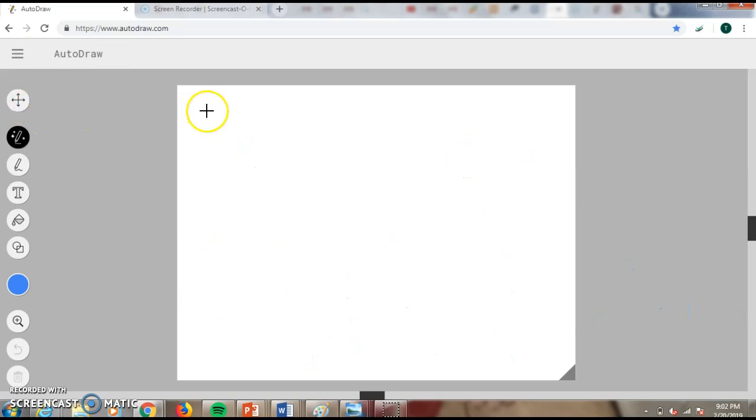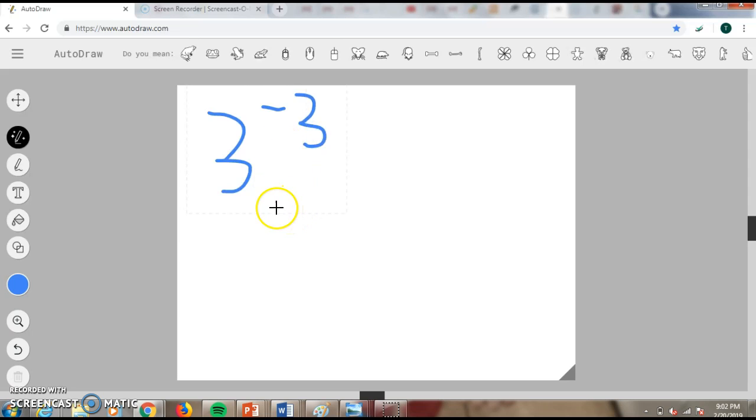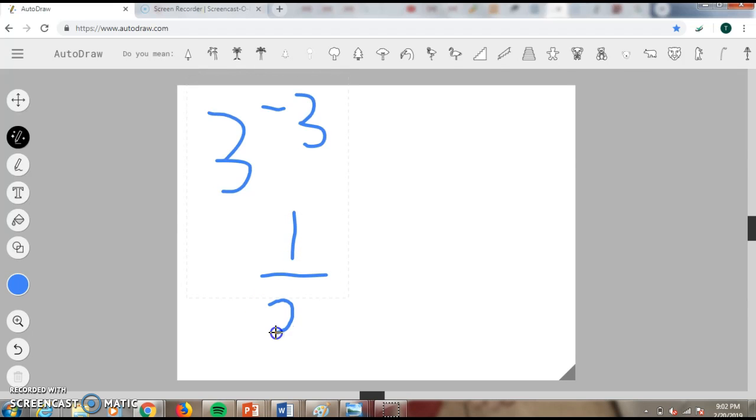Okay, another one would be 3 to the power of negative 3. And remember, if you get it to a negative power, you can convert it into a fraction. So you would put it as 1 over 3 to the power of 3. And it's a negative exponent.